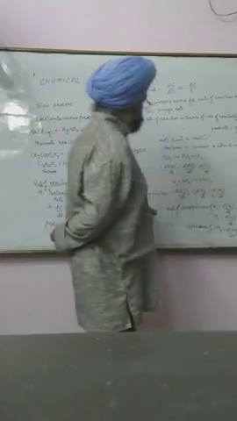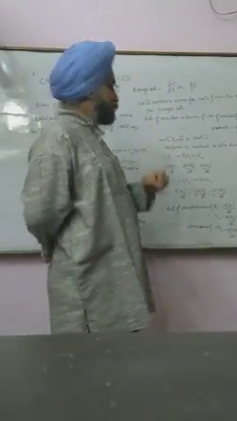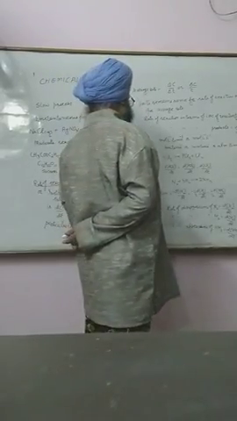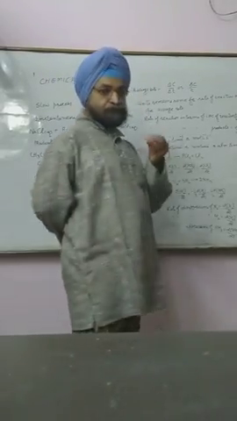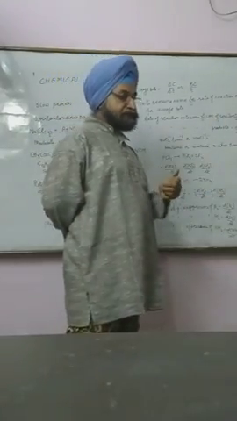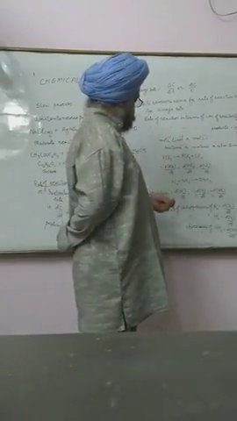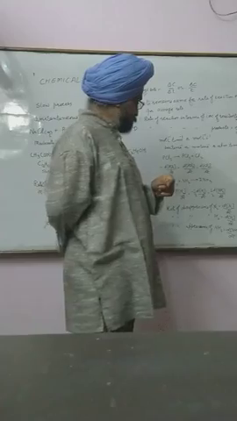The rate of reaction sometimes is the same as the rate of appearance or disappearance. No doubt, in case of reactant the concentration decreases and hence the reactant disappears, and the product appears.